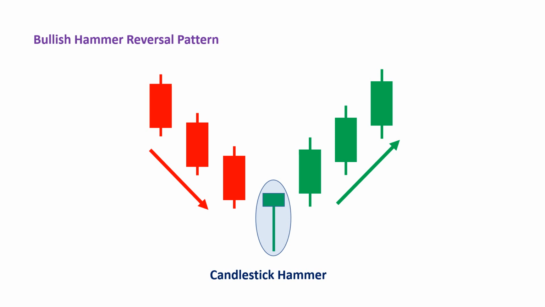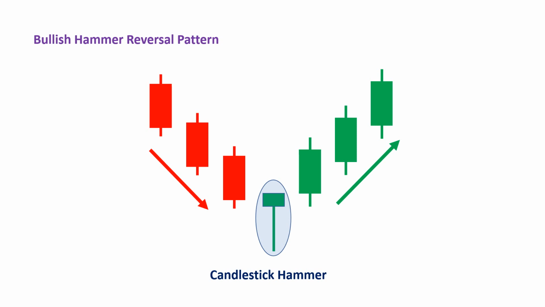The small body represents a narrow range between the opening and closing prices. The hammer pattern suggests that sellers pushed the price lower during the session, but the buyers managed to regain control, leading to a potential trend reversal.